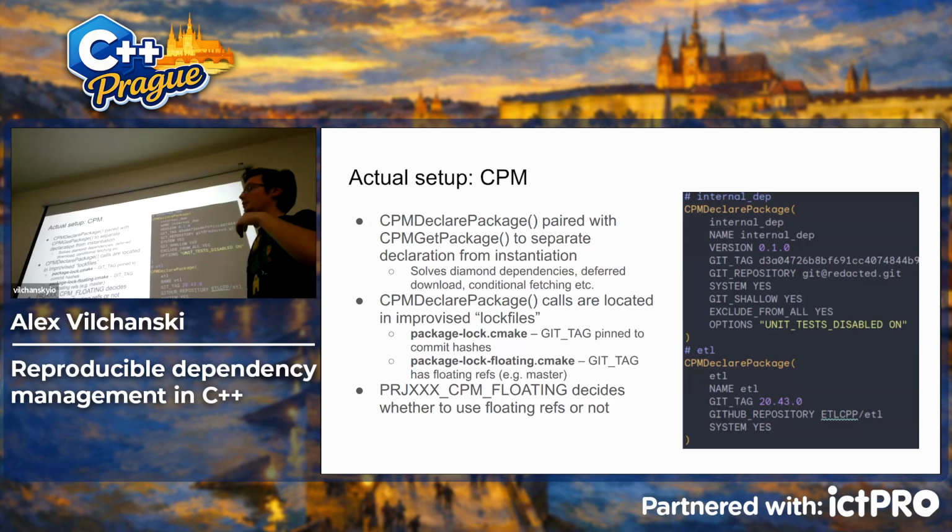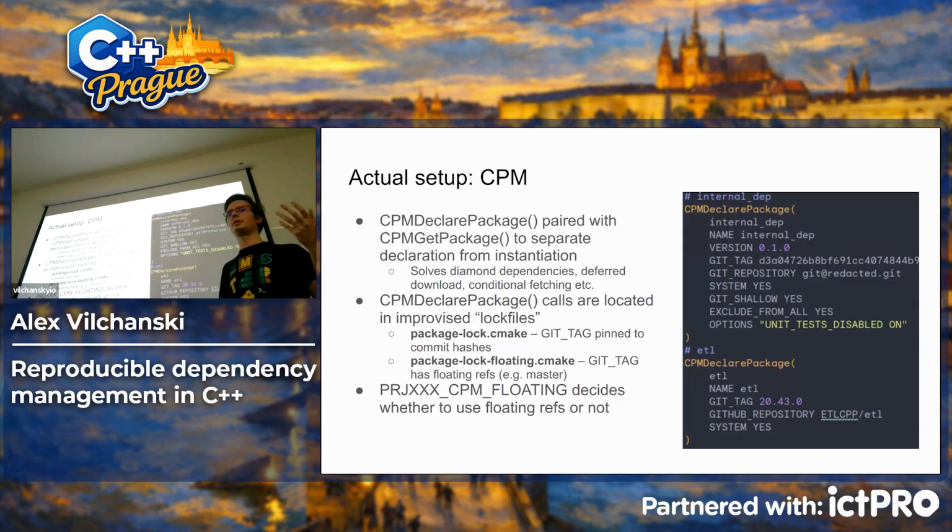And for the version that uses floating refs, be careful with that, because you also need to set a few FetchContent variables to disable the disconnected mode, or whatever it's called. The point is that FetchContent has some optimization by default in a way that it does not refetch things for you when you reconfigure your project.